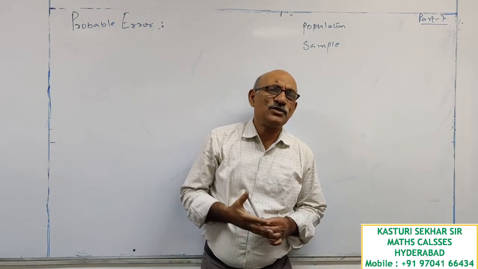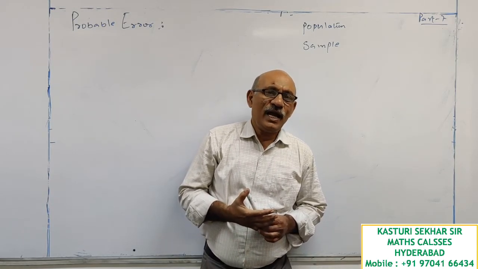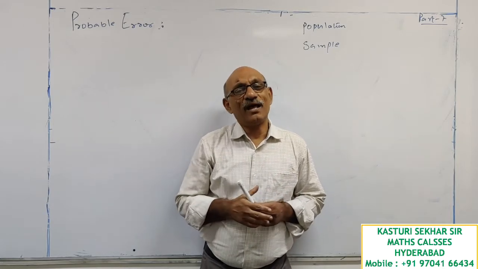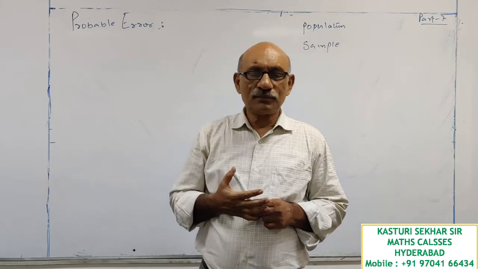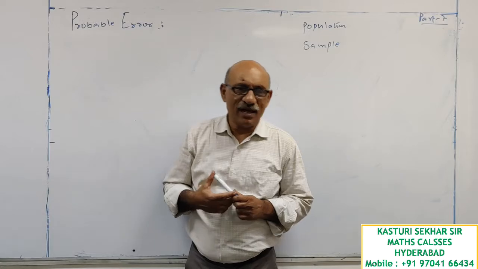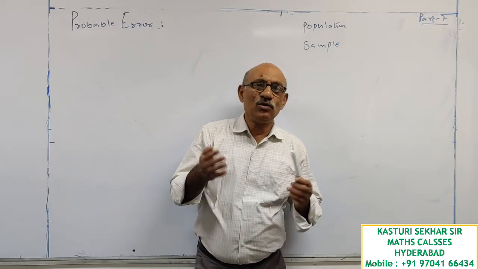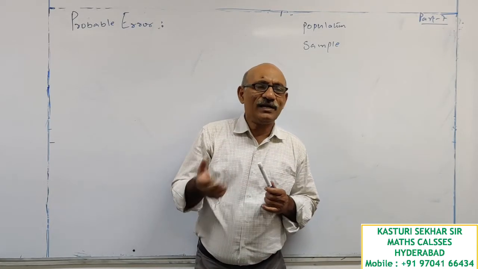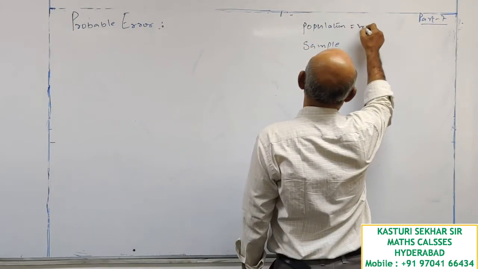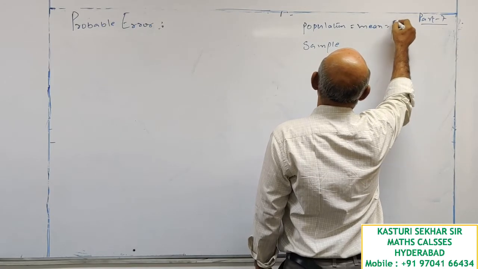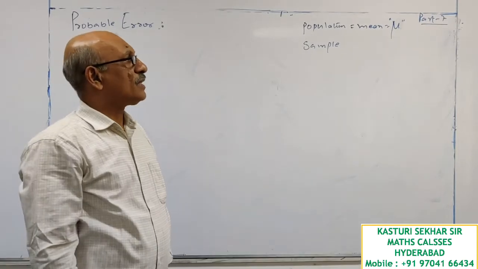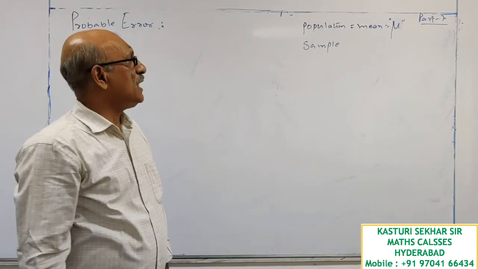Suppose I have 100 students in a class and an exam is conducted for all the 100 students and the class average is calculated. That average is called population mean, denoted by mu.